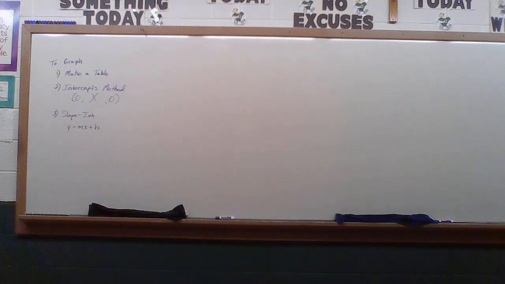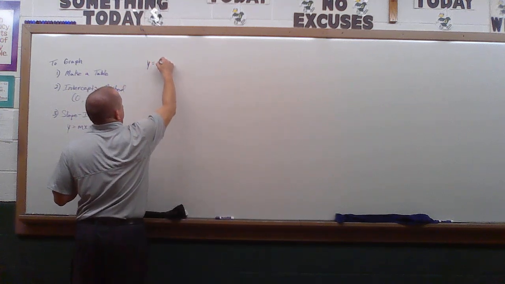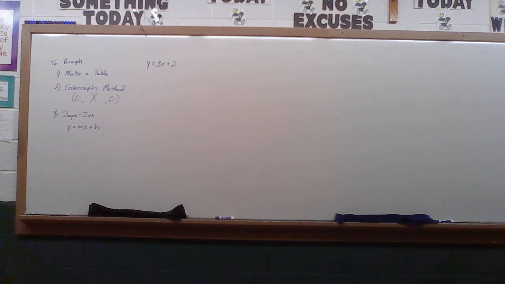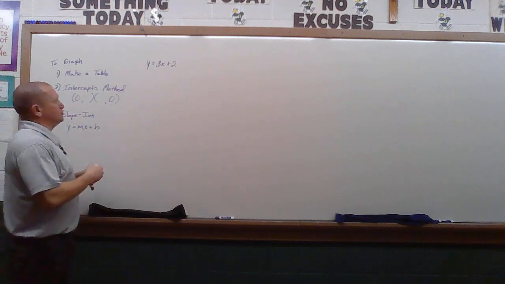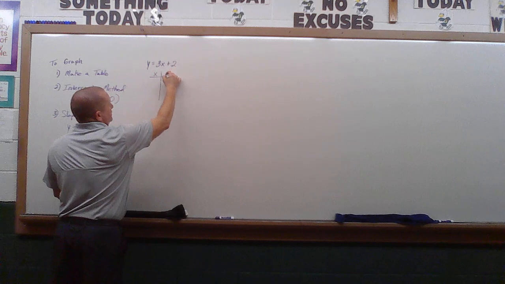So, on page 425, let's do number 19. Y equals 3x plus 2. This is one where you don't really need to have it in y equals mx plus b or solve it for one of the variables. I'm going to make up a variable, so I make up my table.